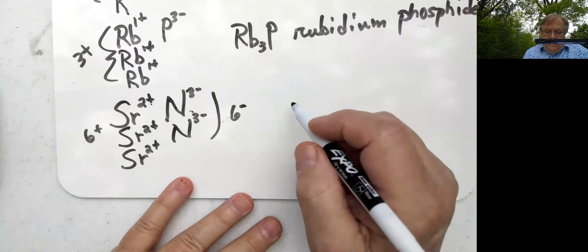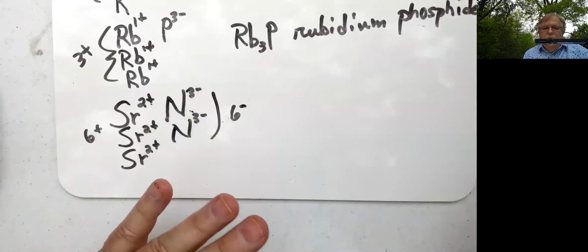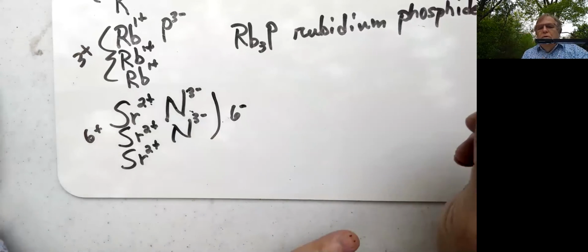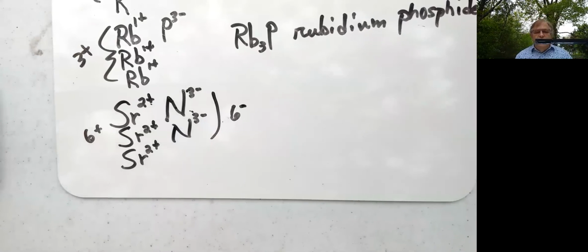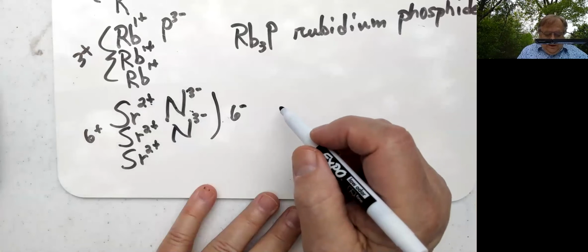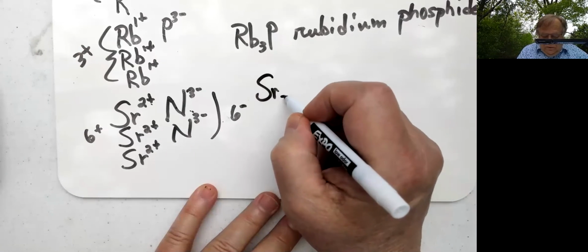Okay, and a lot of chemists do this, and others do it the other way. So it really doesn't make any difference. But just be aware that you may see it both ways. All right, so this one becomes Sr3N2.